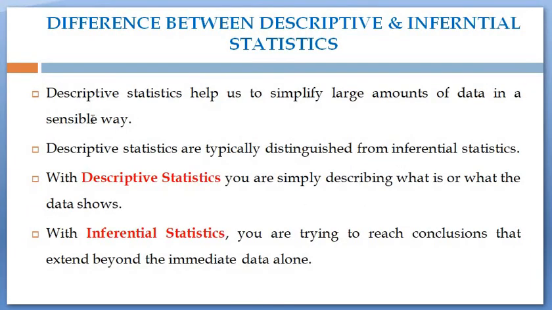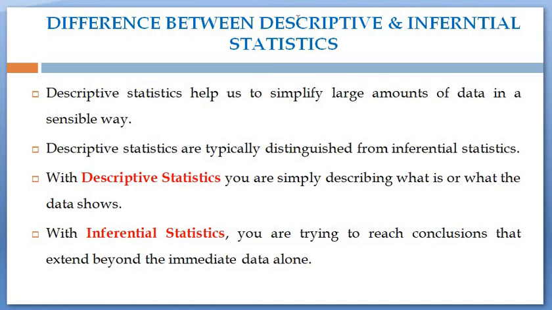So coming to the difference between descriptive and inferential statistics. We have seen how to calculate the descriptive statistics by using the distribution chart, by using the central tendencies, mean, mode and median, and then the measures of dispersion, which cover the range, variance and standard deviation.